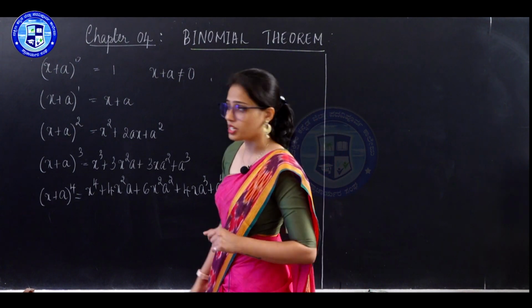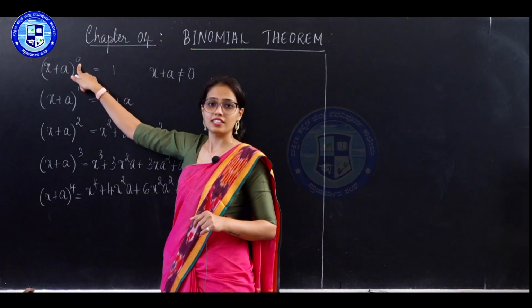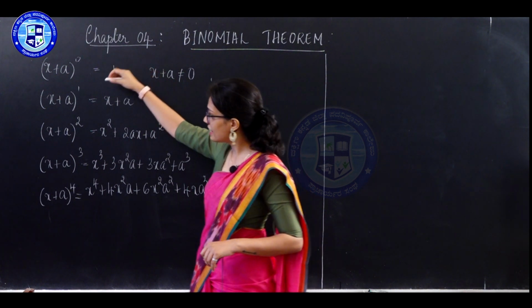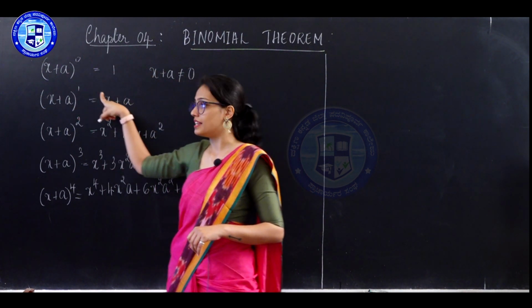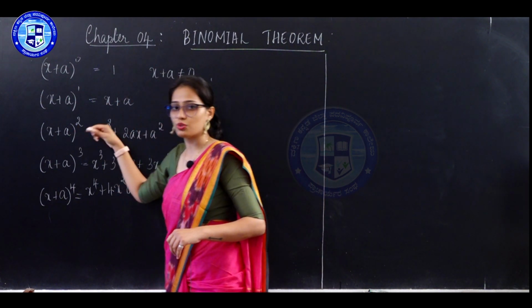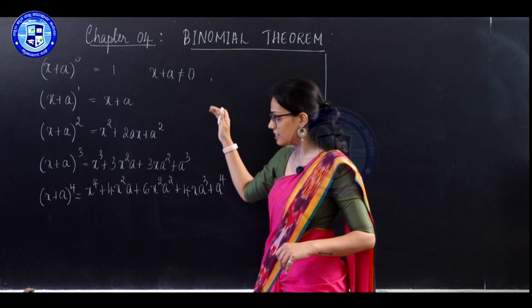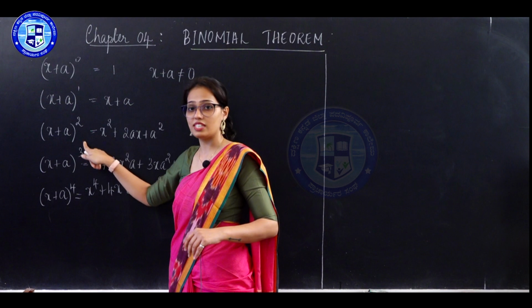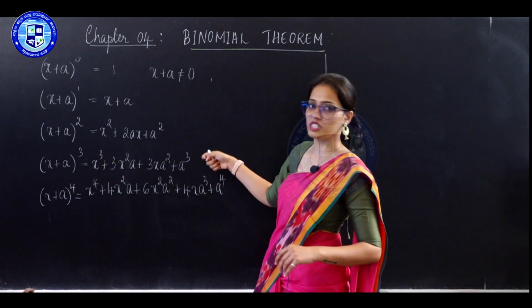Observe the number of terms. Index here is 0, but the number of terms is 1. Index here is 1, number of terms is 2. Similarly, index is 2, but the number of terms is 3. Same here, x plus a to the power 3 is there, but the number of terms here is 4.